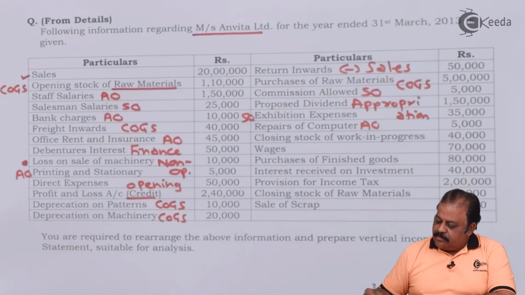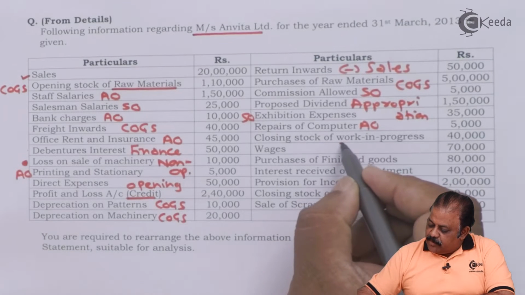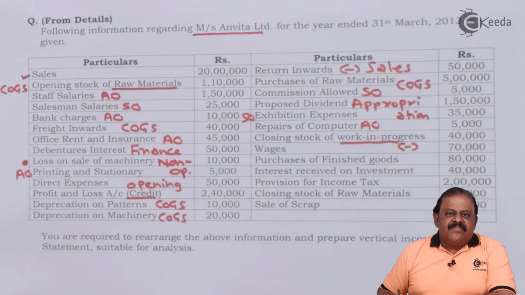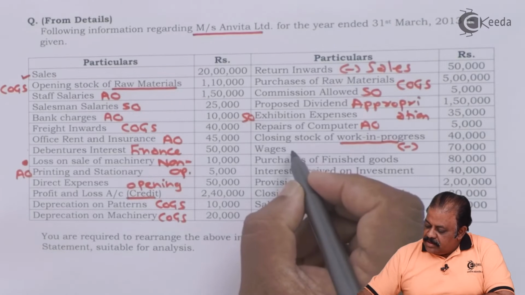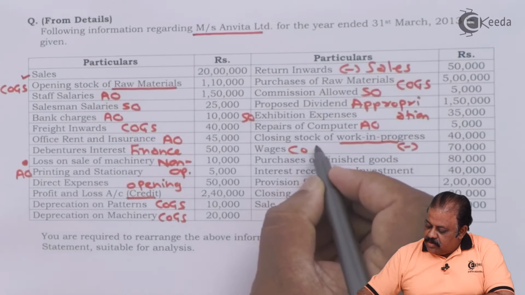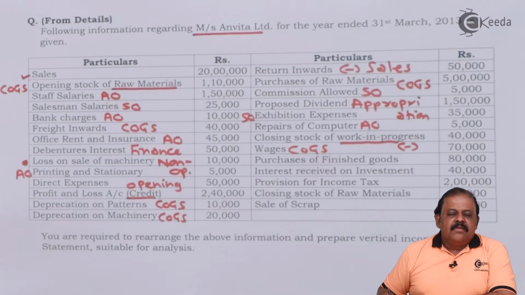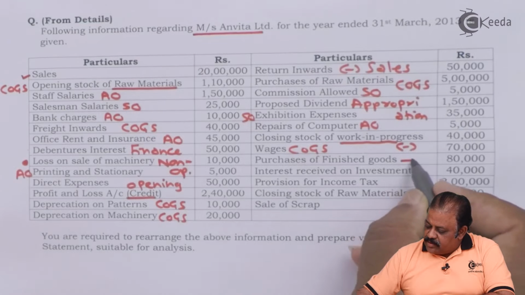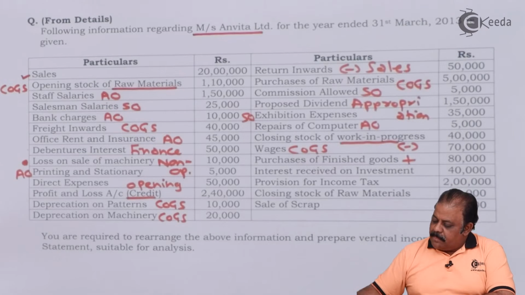Closing stock of work in progress, this will be deducted to arrive at manufacturing cost. Wages, cost of goods sold. Purchase of finished goods, this will be added to find cost of goods sold.